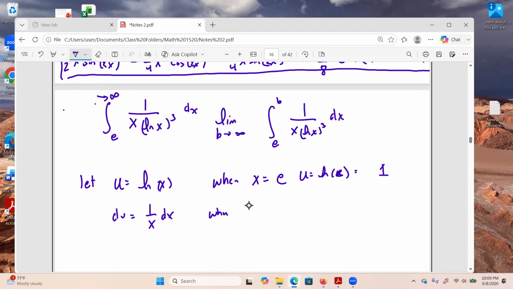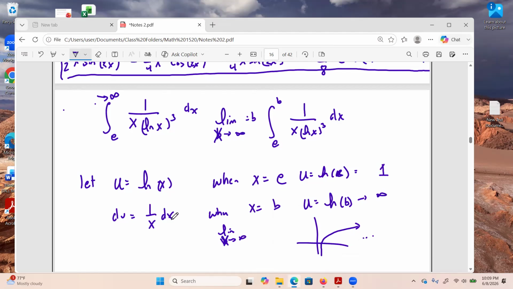When x equals b, and remember the limit as b goes off to infinity, we have u equal to the natural log of b. If you remember what the graph of natural log looks like, as x gets bigger and bigger, the natural log also tends towards infinity.